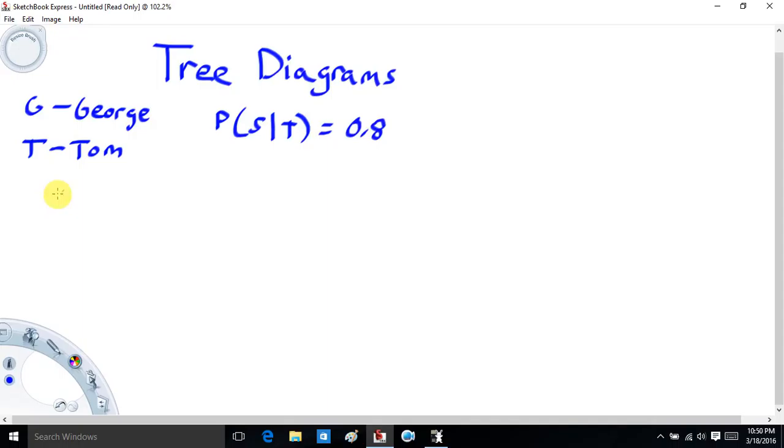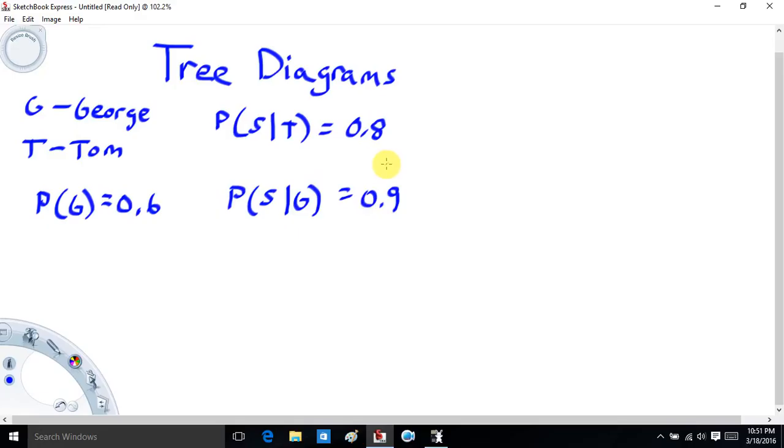And also in the problem you're given that the probability of getting Coach George is 0.6, and the probability that you get a scholarship given you have Coach George is 0.9. Okay, so this is the information that's given to you in the problem.